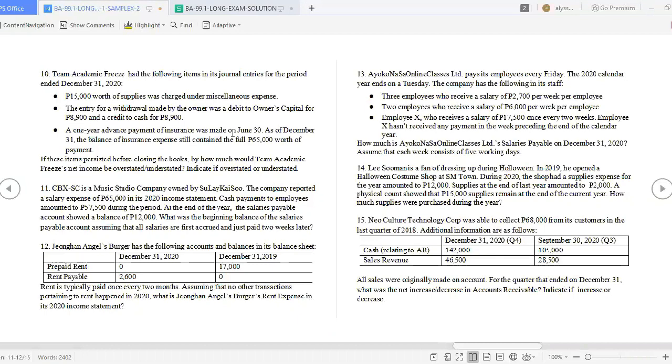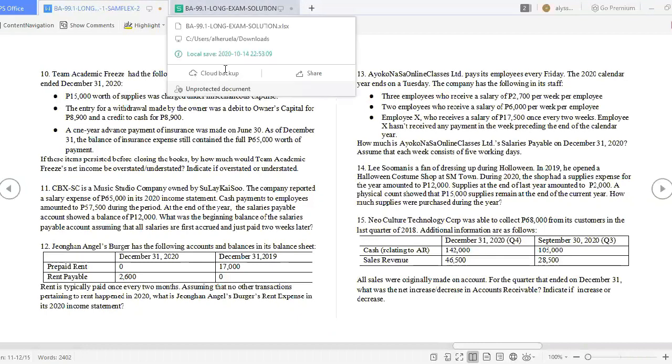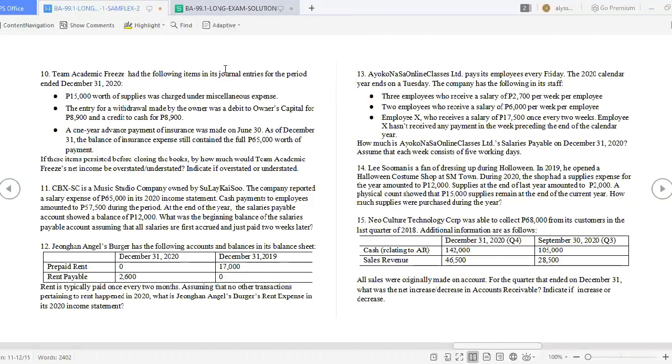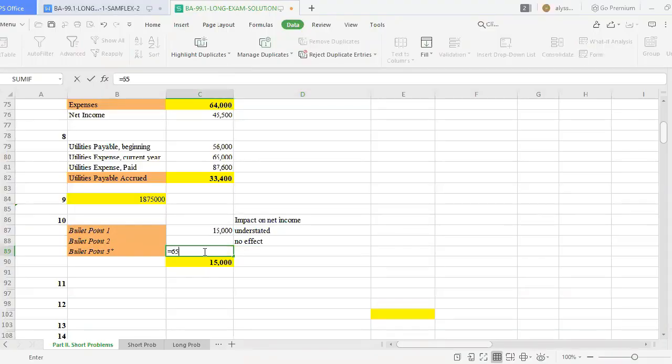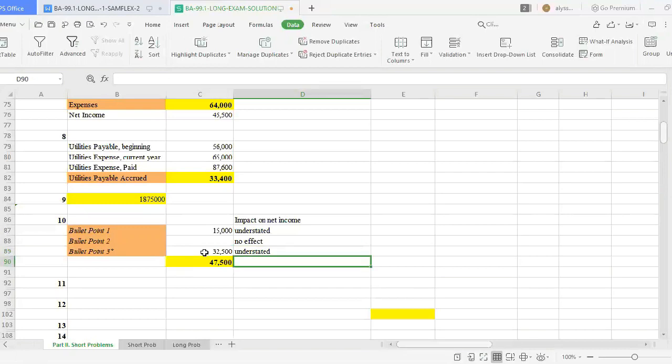That's on June, so that's half a year. So half of 65,000 overstated expense. So if it's overstated expense, you understate the net income. So 65,000 divided by 2 understated. So again, the total impact on the net income is 47,500 understated net income.